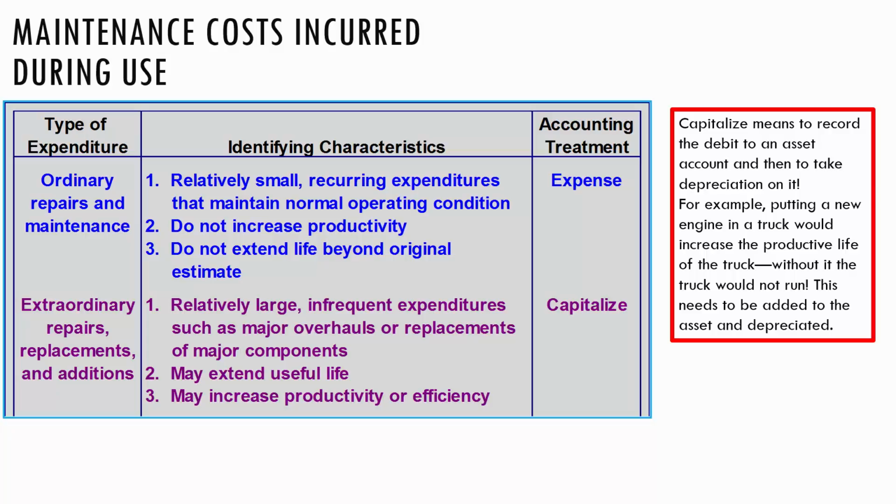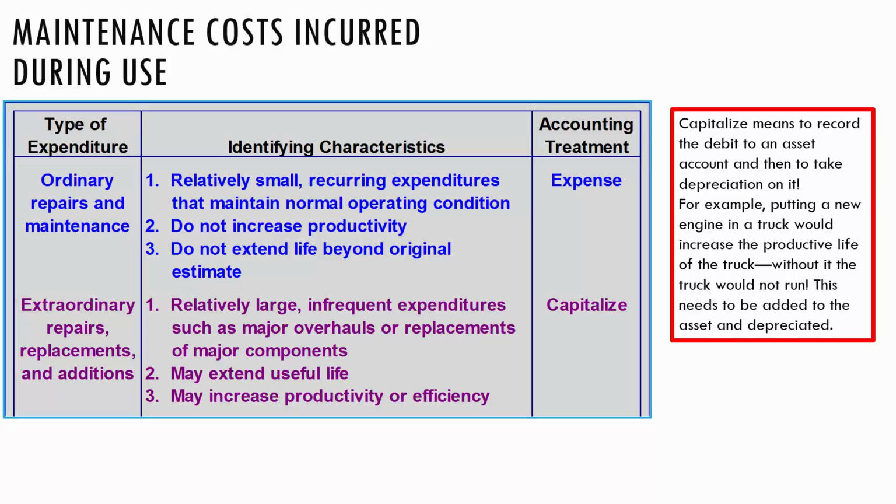We also should probably rotate the tires on the truck. This is something that is ordinary and expected. It is expected that we do these things so that the tires or the truck engine lasts to the time that it's originally expected to last. So therefore we call these things expenses.